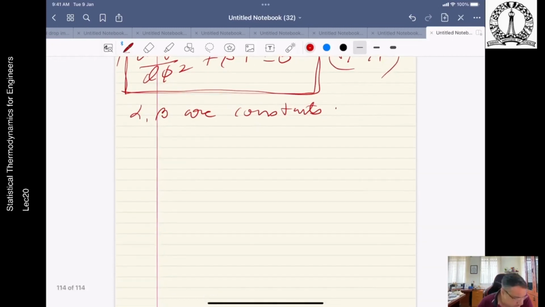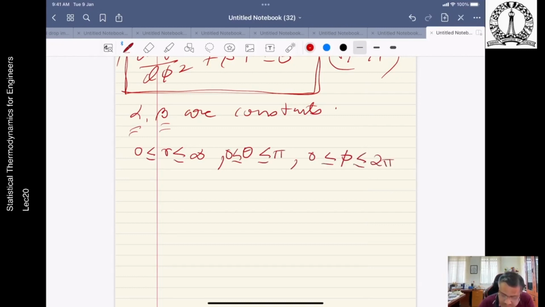Okay, it's 3 expressions, and out pop 2 constants, alpha and beta. Alpha was to separate r from theta comma phi. Beta was to separate between theta and phi, right? So the limits are r varies from 0 to infinity. Theta, of course, varies from 0 to pi, and phi is from 0 to 2 pi. So this is a spherical coordinate system.